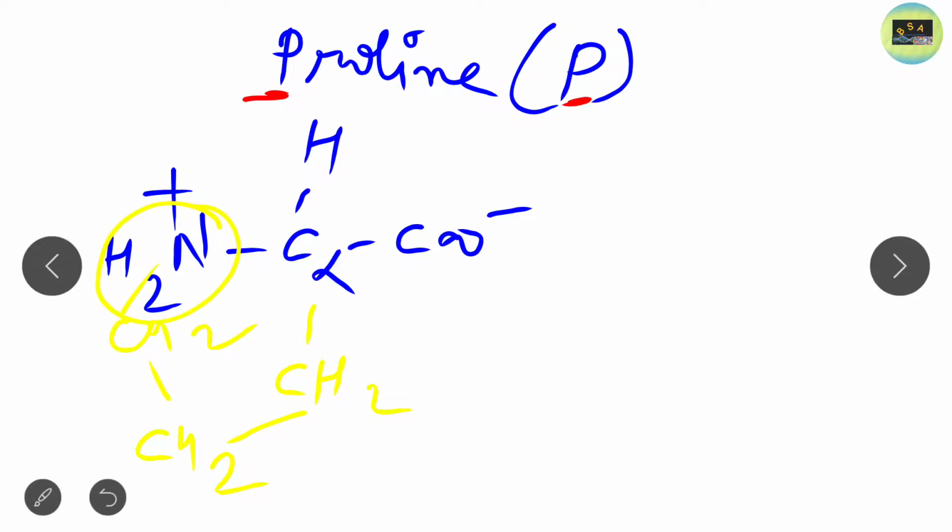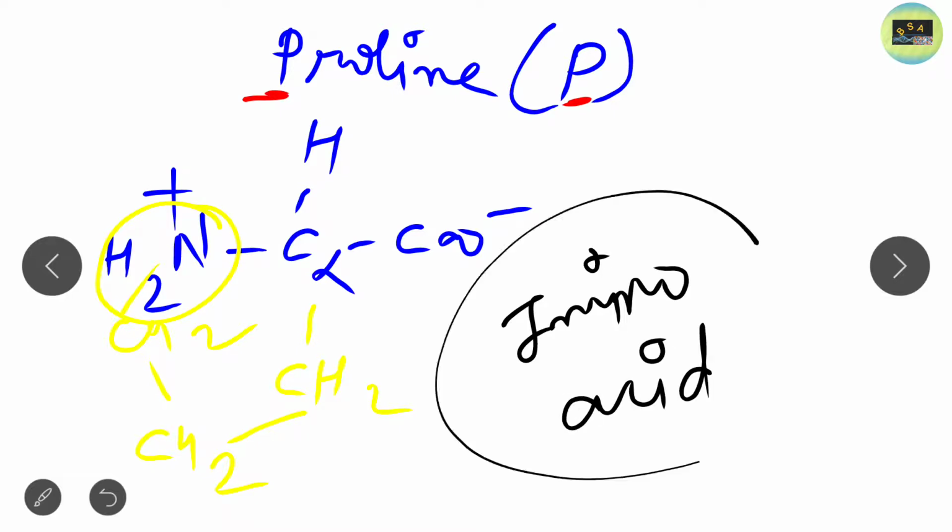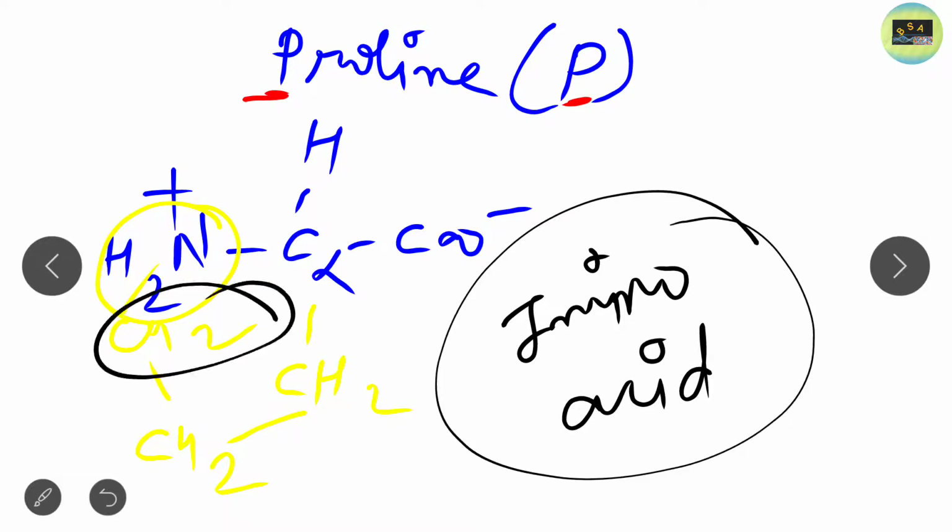So this side carbon is fused with the amino group. That's why it is called an amino acid. So this will be the structure of proline.